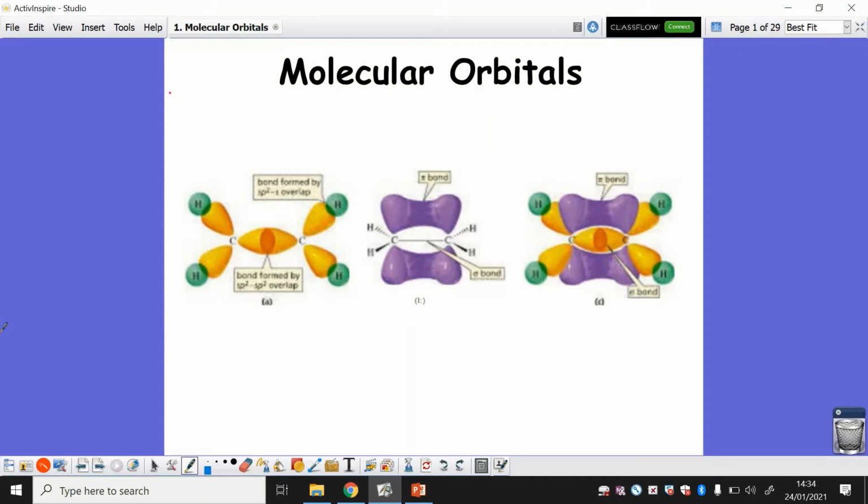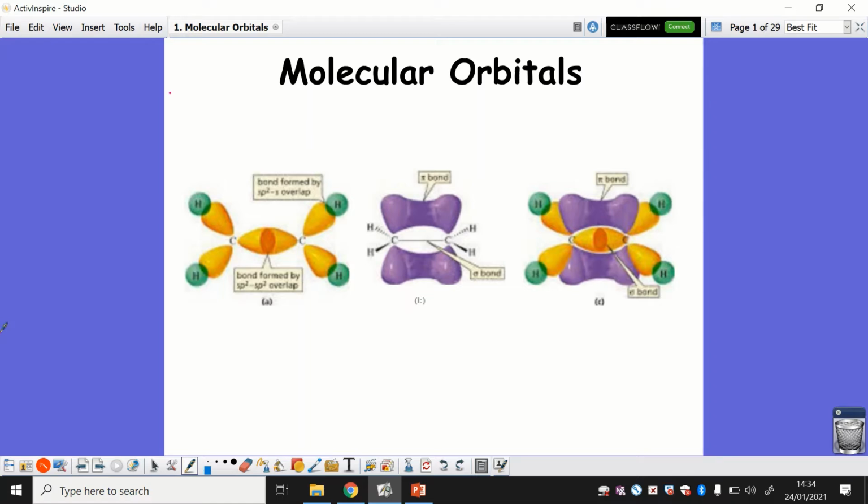Hi everyone. So we are going to begin the final unit of the course this week, which is organic chemistry and instrumental analysis. I'm hoping we're going to be back in school for the instrumental section, but we're going to begin the organic section this week.